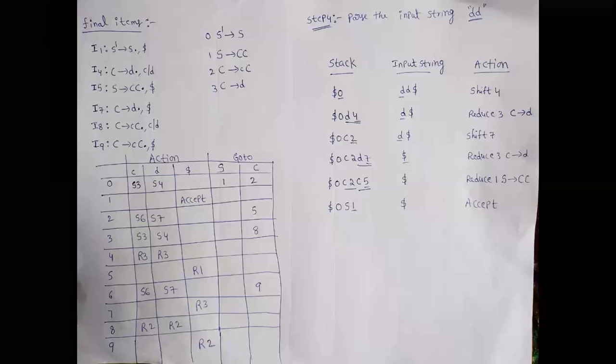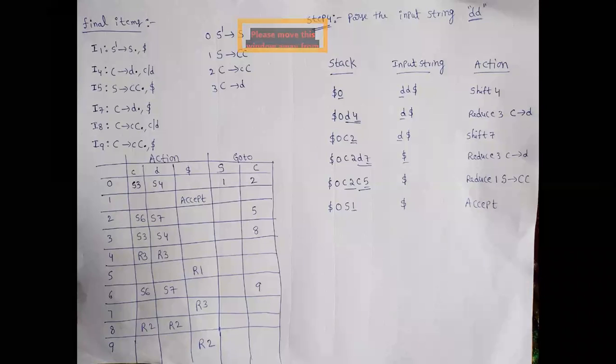So what is the look ahead here? We are placing the action R3 in terminal c and terminal d. So in the state I4 we are having R3 in the place of small c and small d. Okay. So that is the difference from SLR.